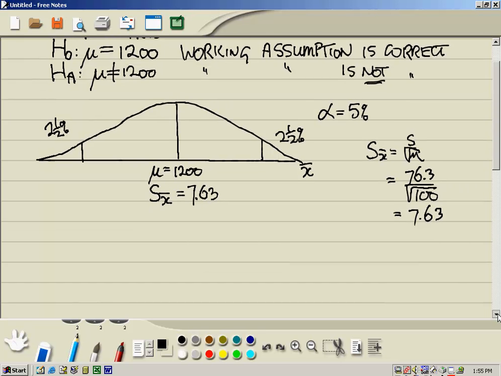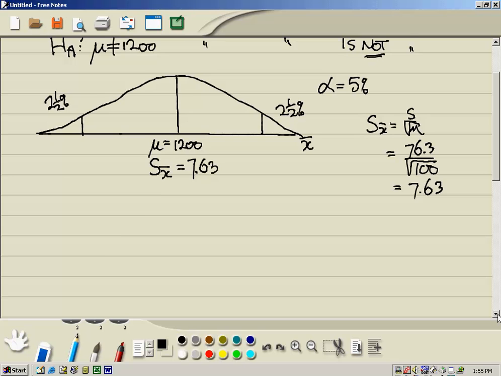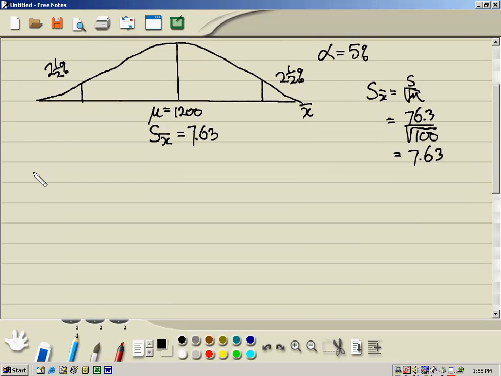So, other than the z-value, which we had from prior examples, we can calculate the critical limits. Being in general mu plus or minus the z-value with the subscript alpha divided by 2, so half alpha in each tail, times s of x bar.